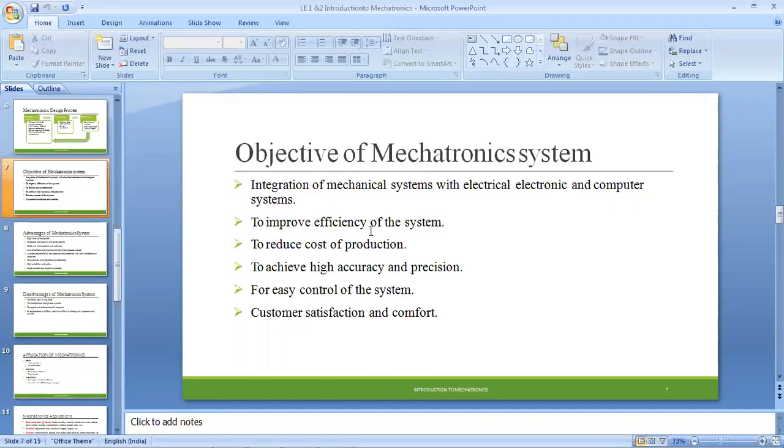Next, to improve the efficiency of the system. The major objective is to improve the efficiency of the presently existing system. You have already performed actions with the control devices in the machine tools lab.